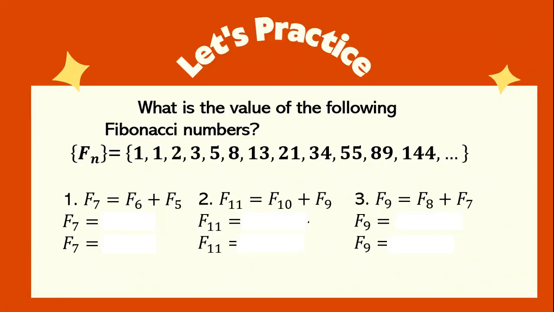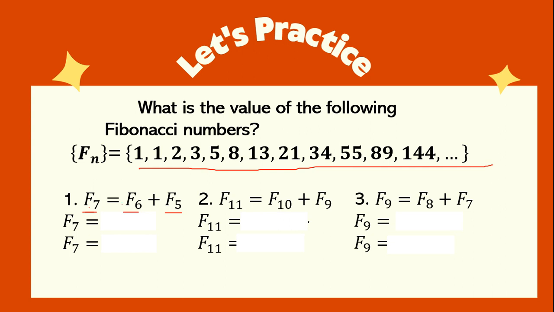What is the value of the following Fibonacci numbers? Your task is to get f sub 7. Again, the two generations before f sub 7 are f sub 6 and f sub 5.